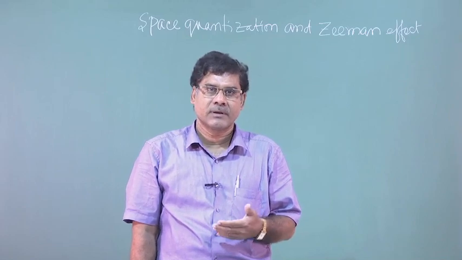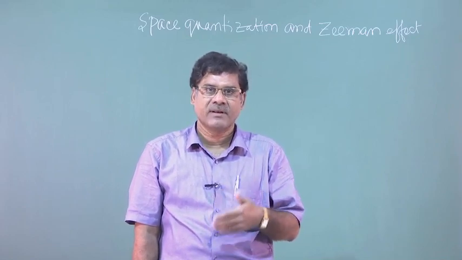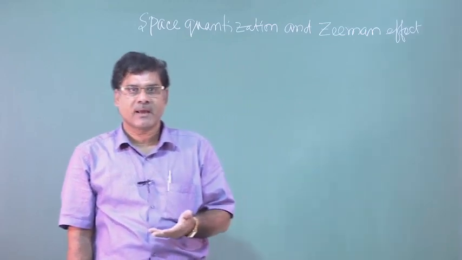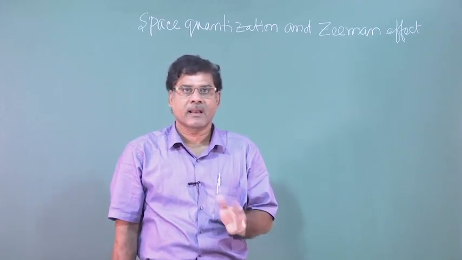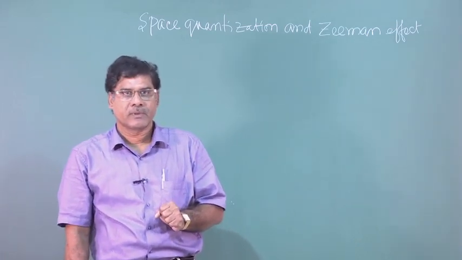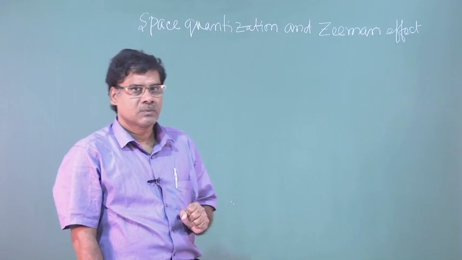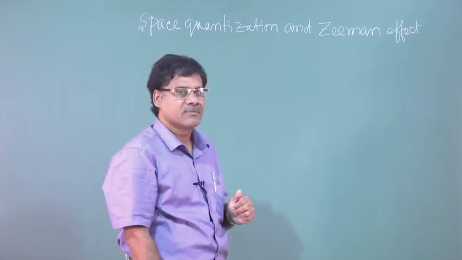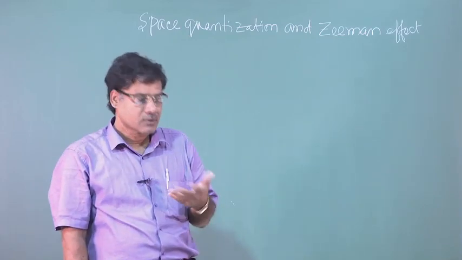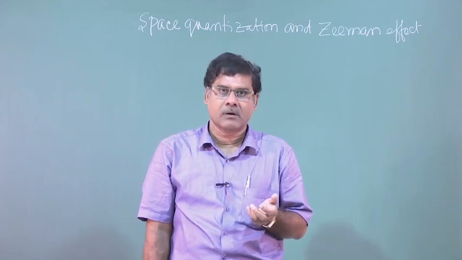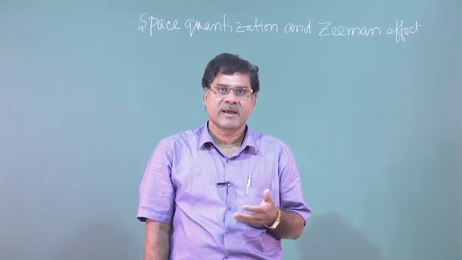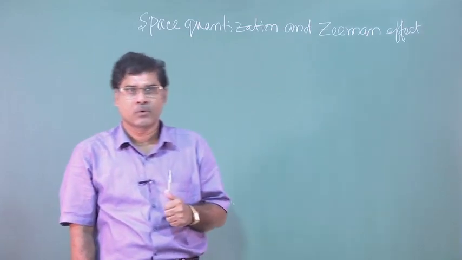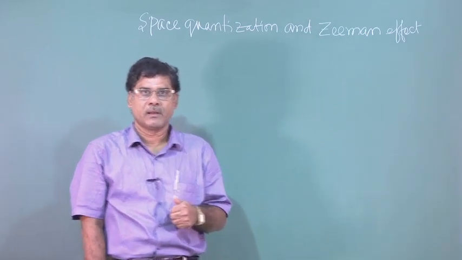As well, when a strong magnetic field is applied, each spectral line is split into 3 lines. That is the normal Zeeman effect, and that is also not explained by the Bohr Sommerfeld model.